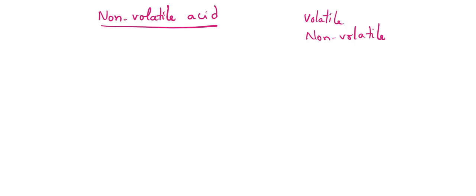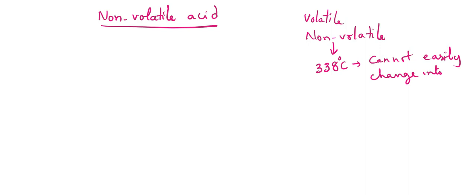Sulfuric acid is a non-volatile substance because it has a high boiling point. The boiling point of sulfuric acid is 338 degrees Celsius. Hence it cannot easily change into vapor state.